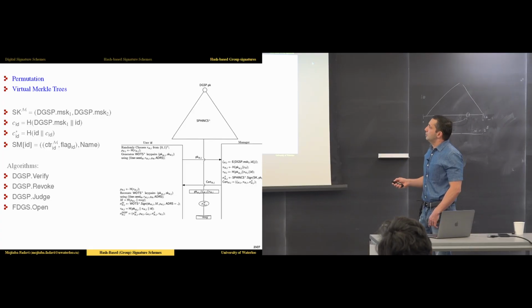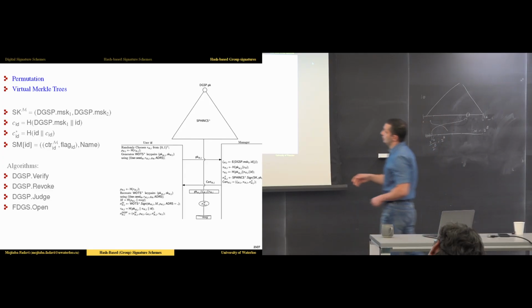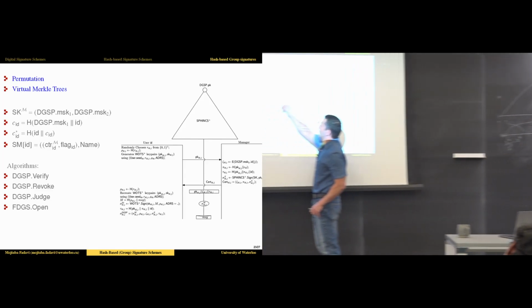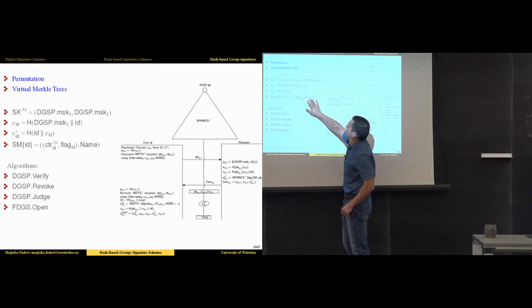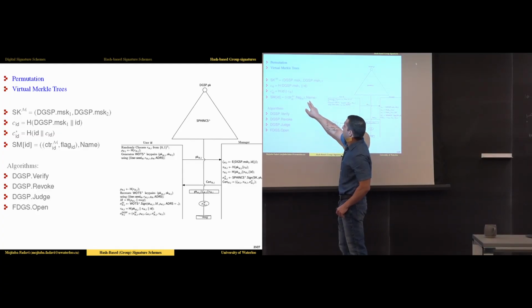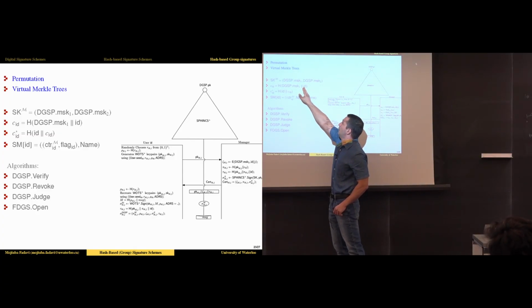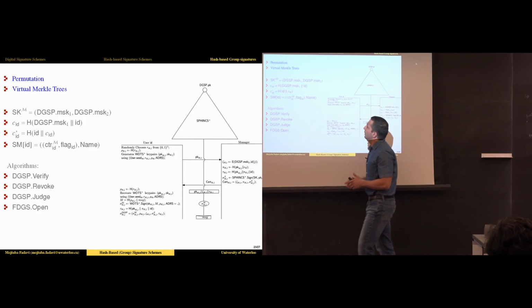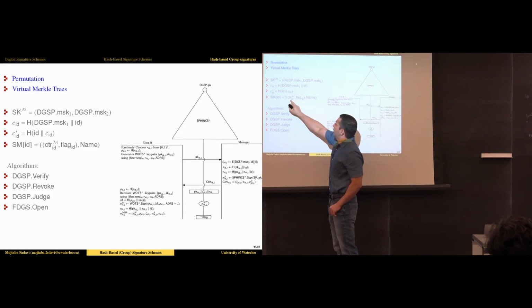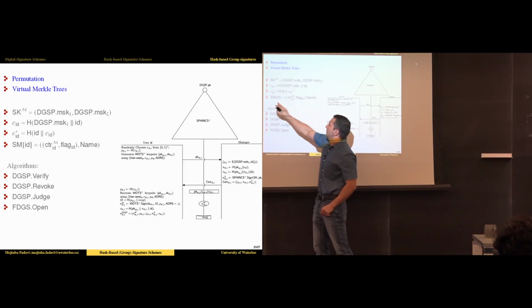Suppose that the group manager has two secret keys, MSK1 and MSK2. The group manager generates a secret credential for each user. After a user joins with a username, the manager gives him an identifier, ID, and stores a counter for this user, a flag, and his name in his state.